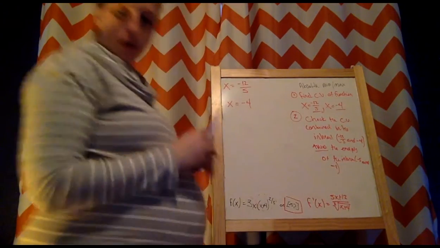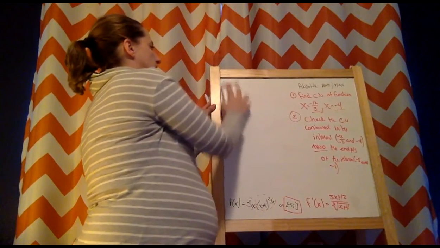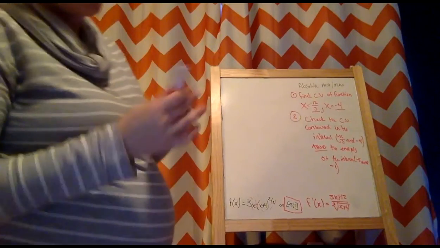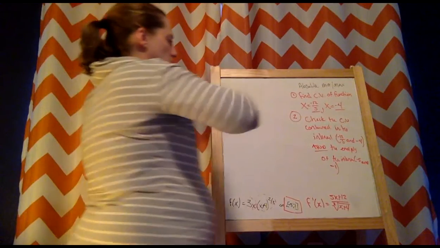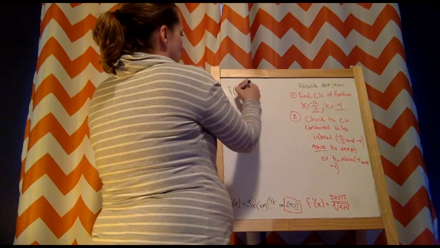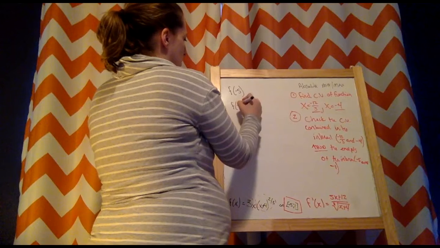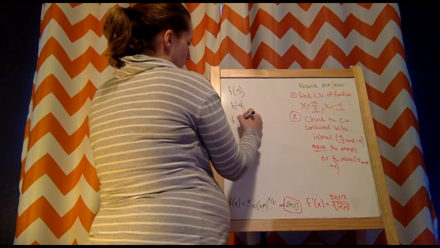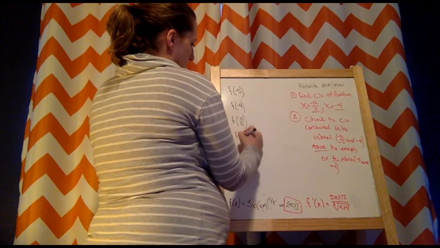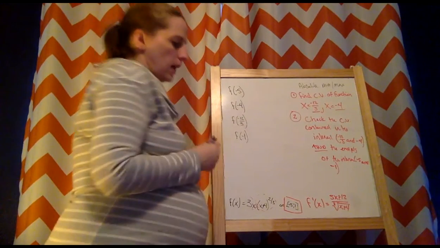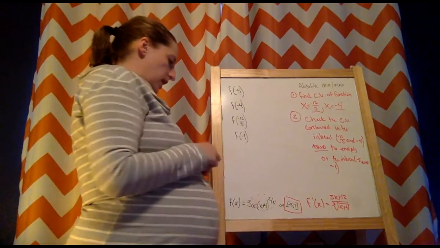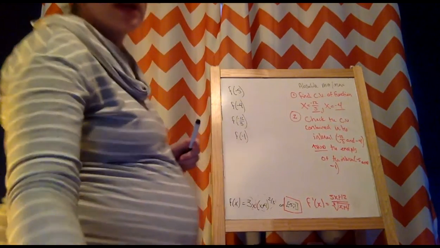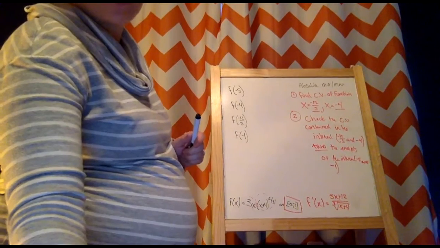We're going to check those by plugging them into the function and seeing which gives us the largest value and which gives us the smallest value. So I'm going to take all of those and plug them into our original function, 3x times (x + 4)^(2/3).